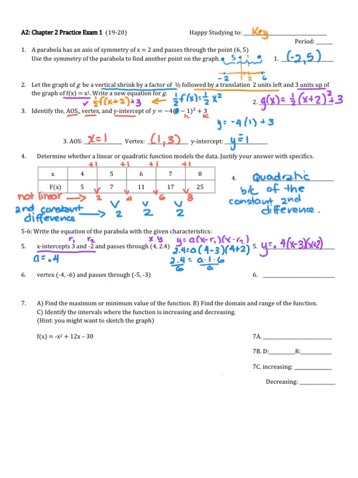This next one is giving us the vertex, which is our h, k, and a particular point. So we are going to use vertex form. Vertex form is y equals a times (x minus h) squared plus k. We plug in all this information. The y value is a negative 3.